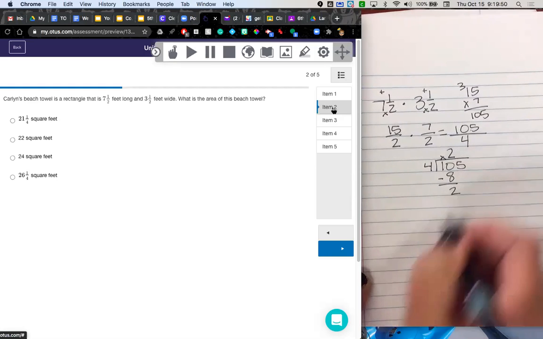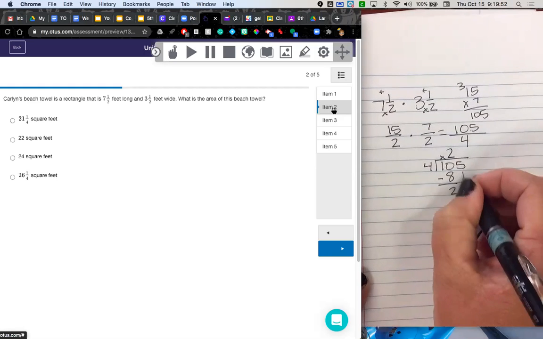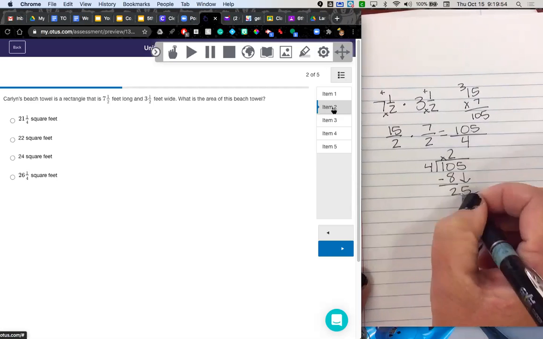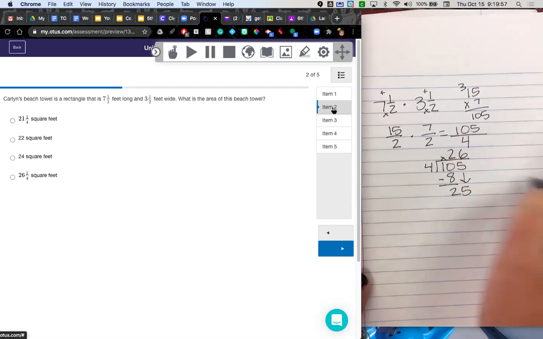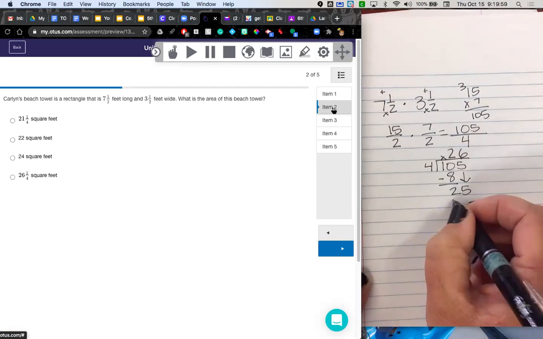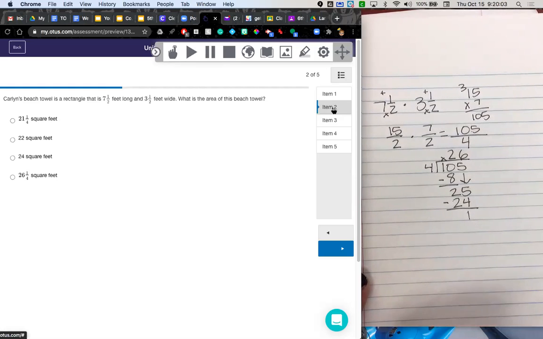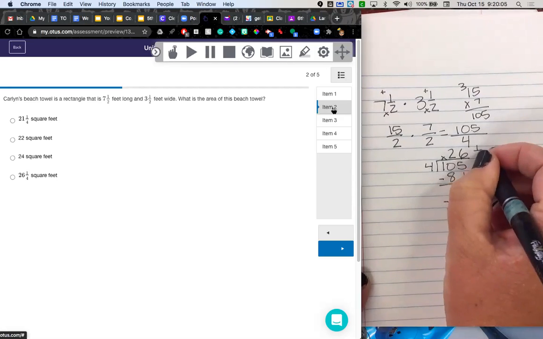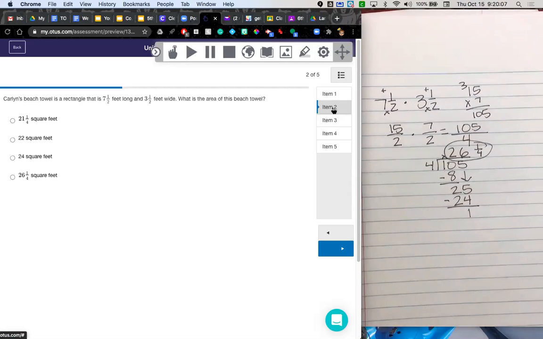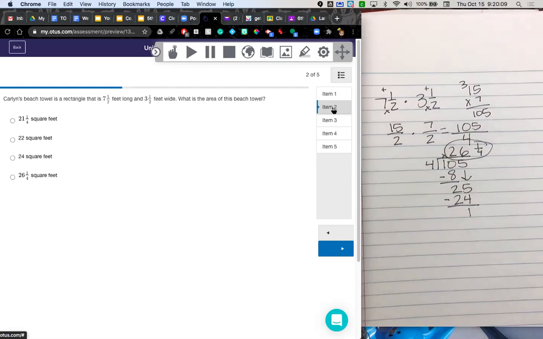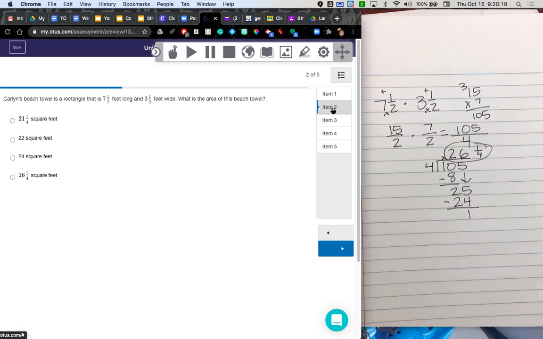Subtract, I have 2 left over. Bring down my 5. 4 goes into 25 6 times. 6 times 4 is 24. Subtract, I have 1 left over. 26 and 1/4 is my final answer. Is that one of my choices over there? Yes. So I know that I probably got it right since my answer's in the list of multiple choice answers. Any questions on number 2?